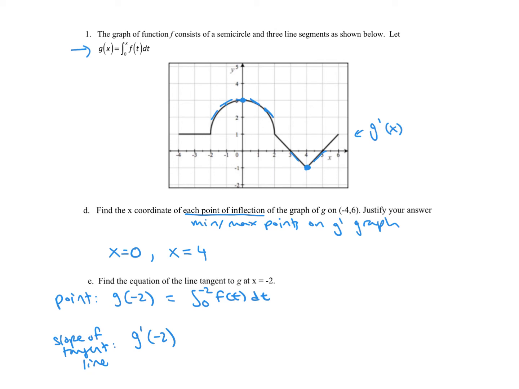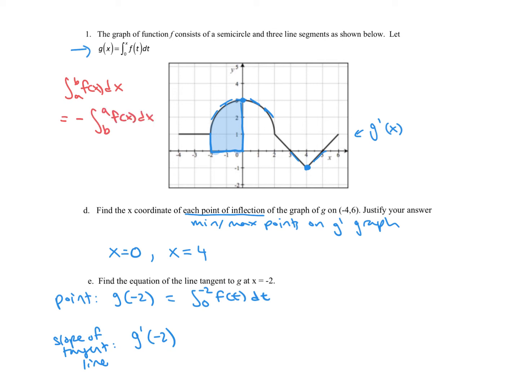Now, since we're going from 0 to -2 and we're integrating backwards, we make this area negative. Another way to think of it is this property: the integral from a to b of f of x dx is equal to the negative integral from b to a of f of x dx.